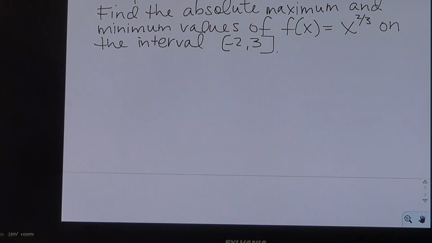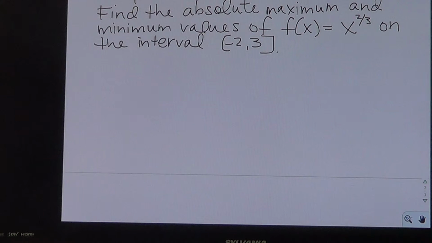Okay, so one of the first things, besides finding the derivative and doing all of the steps that we just talked about, another thing you might want to do first is just look at the graph of the function, because by looking at the graph, you're going to be able to see what the maximum and minimum is going to be.